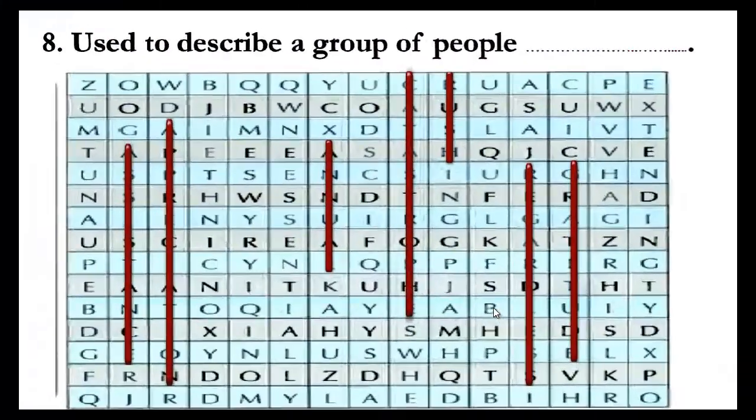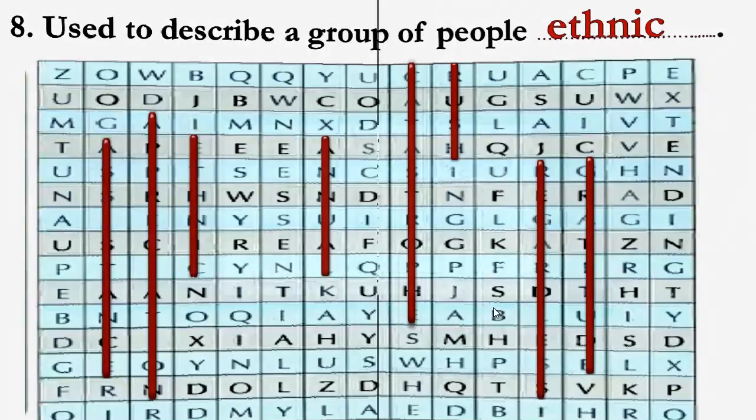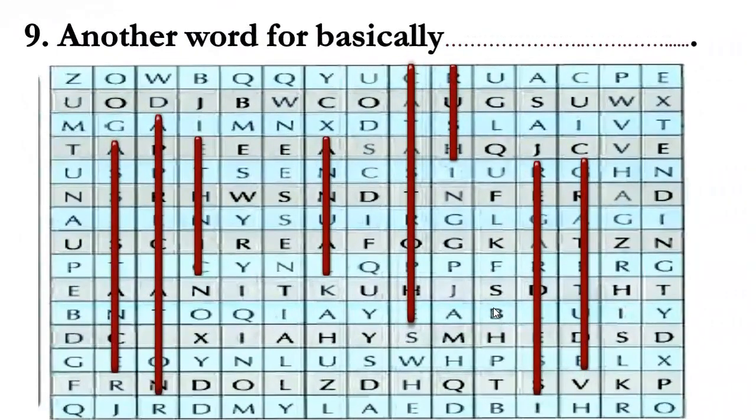Number 8, used to describe a group of people. This is ethnic. Okay. Number 9, another word for basically. Same meaning for the word basically.